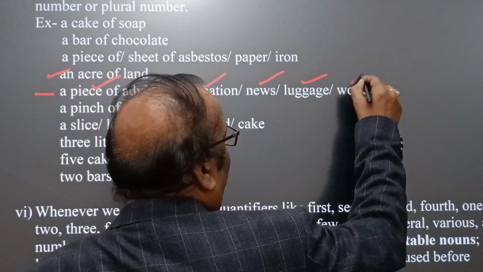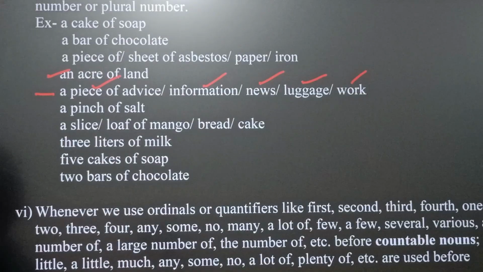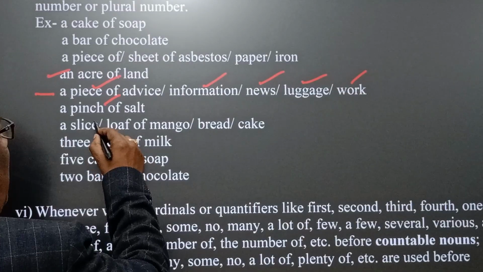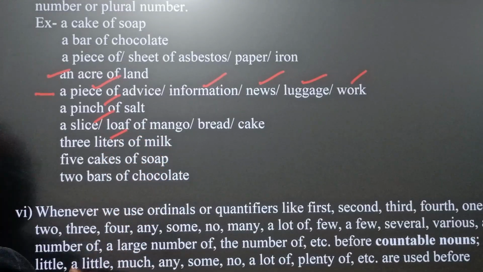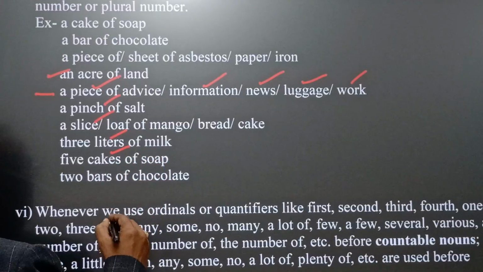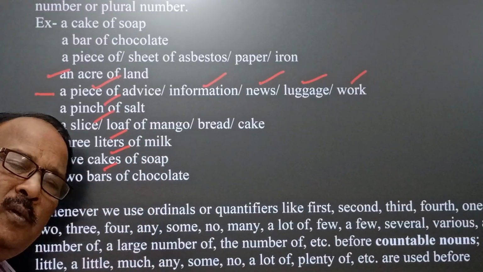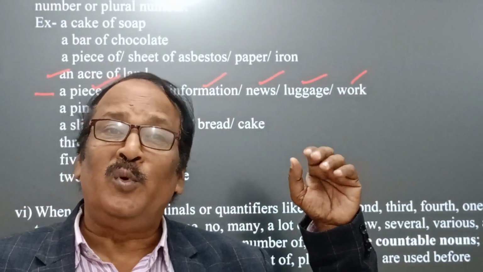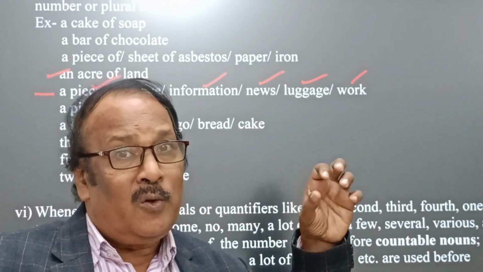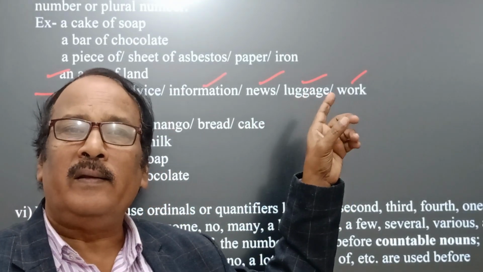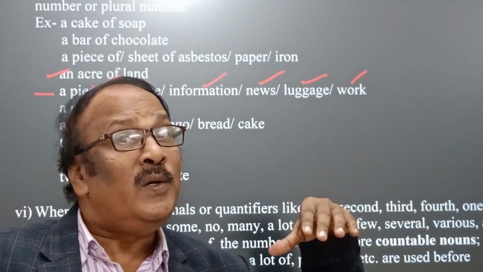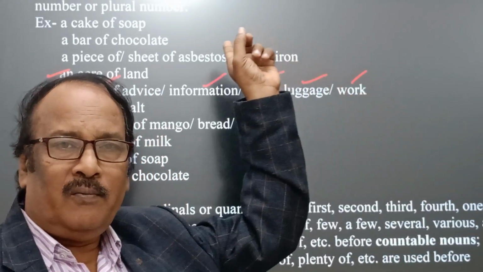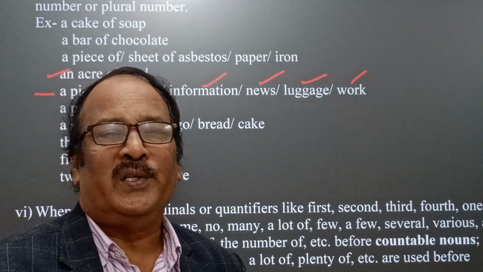And work: a piece of work. A pinch of salt. A slice of mango. 3 liters of milk. 5 cakes of soap, 2 bars of chocolate. With these examples, I want to draw your attention to the fact that some uncountable nouns can be expressed as countable nouns with the help of these phrases.